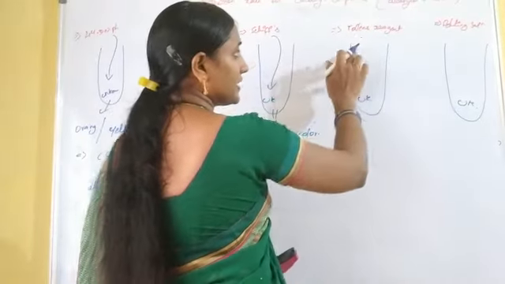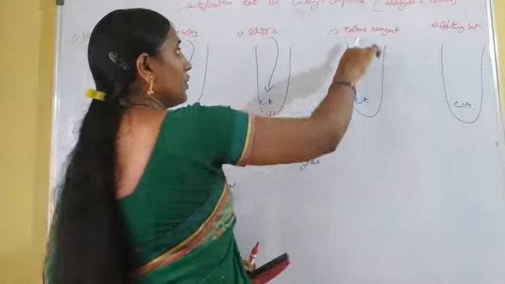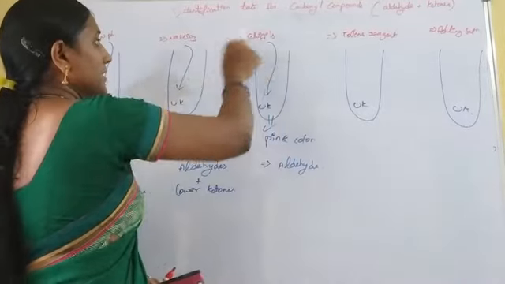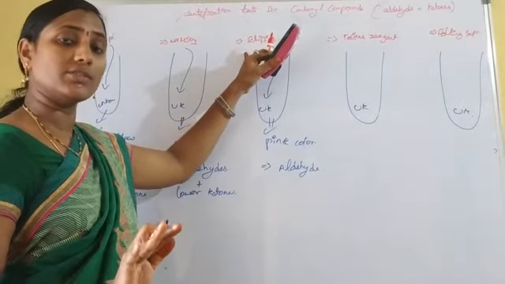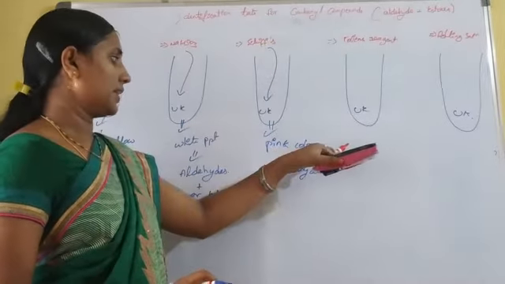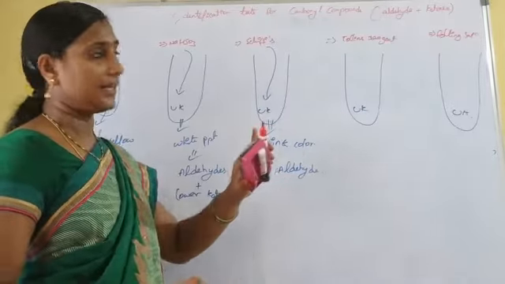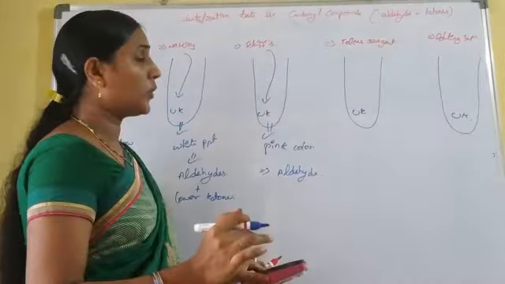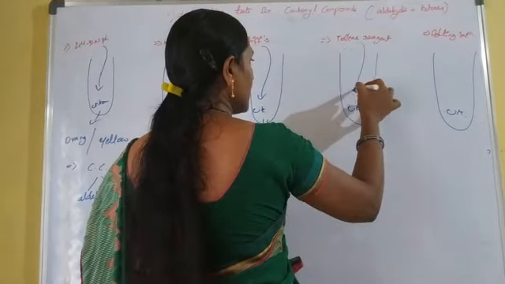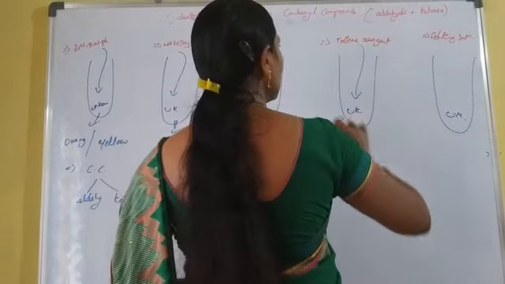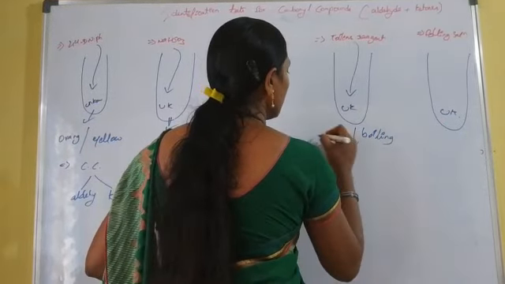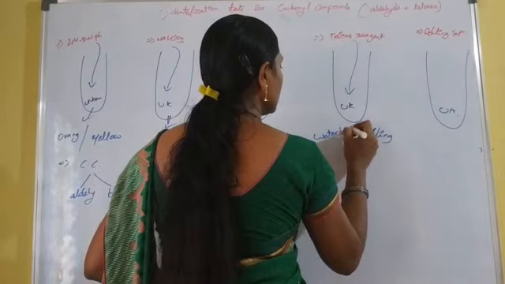Another identification test is the Tollens reagent test. Tollens reagent is nothing but ammoniacal silver nitrate. And listen, Schiff's reagent is nothing but the diluted solution of rosaniline hydrochloride, and the pink color reappears with only aldehydes. The unknown solution is taken, Tollens reagent is added, and the solution is boiled in a water bath for a few minutes.